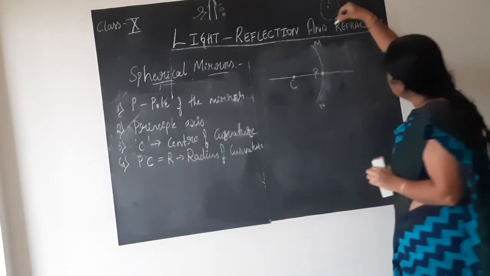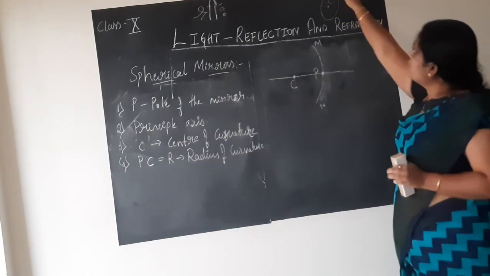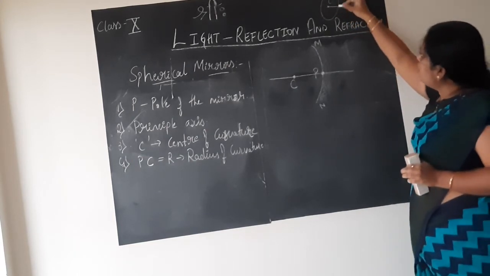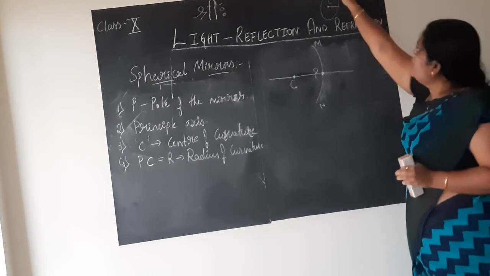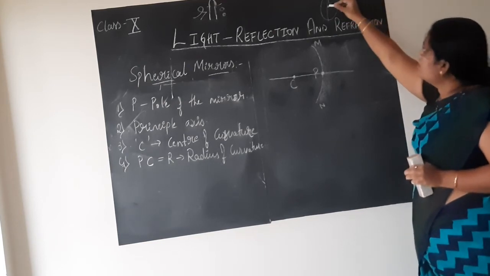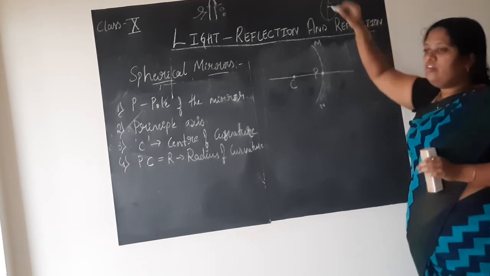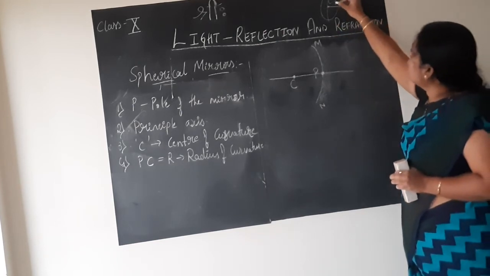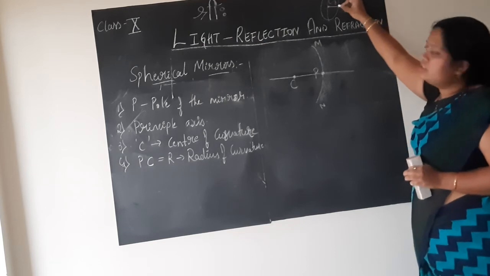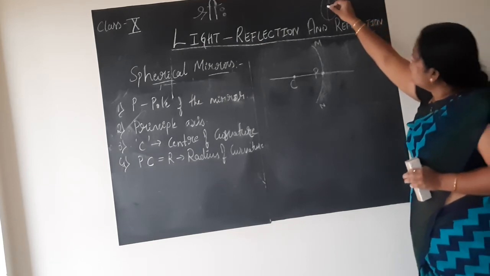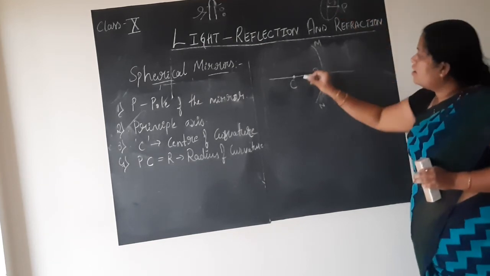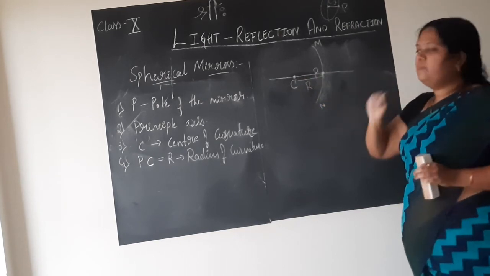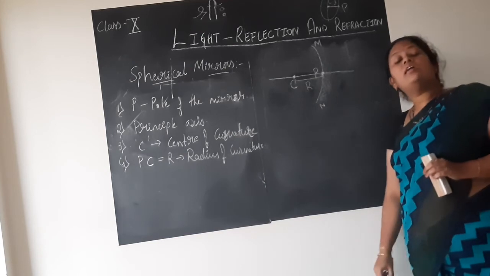C means center of curvature. When you cut the sphere into half, from the center of the circle to any point on the circle, the line you draw is nothing but the radius R. If this point is chosen as the pole of the mirror, this distance PC is represented by capital letter R.